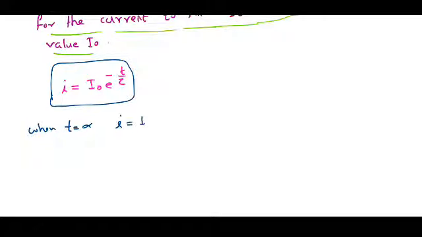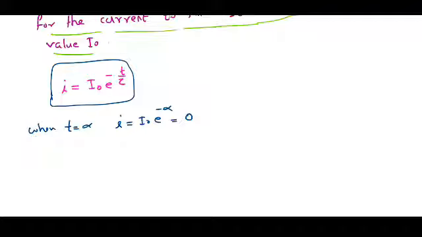I is equal to I0 e power minus t by tau, with t going to infinity, this will be minus infinity. e power minus infinity equals 0. Therefore, this is equal to 0.